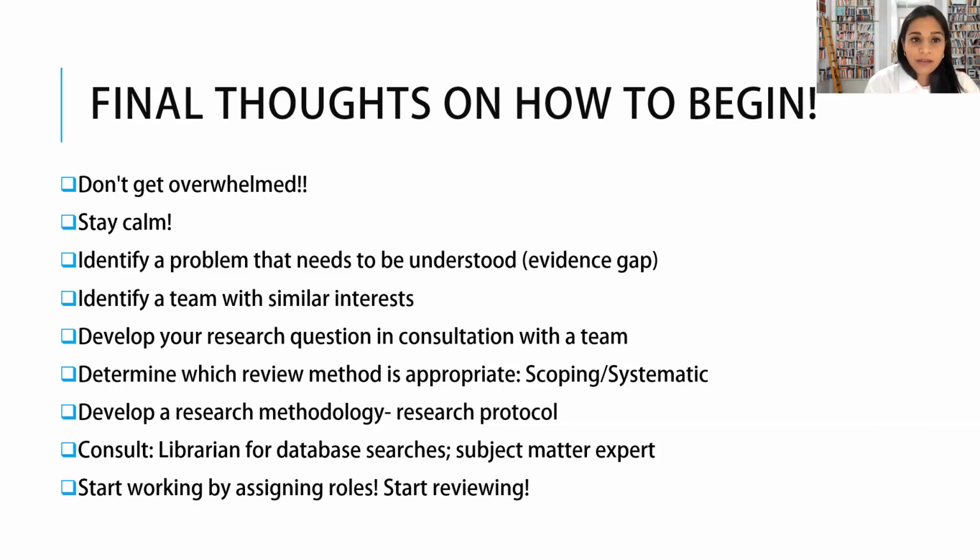Not all journals accept systematic reviews, so it's good to see what journal you would be targeting even before. Once you start preparing your manuscript, just check which journal you're interested in, and if it is accepting systematic reviews.